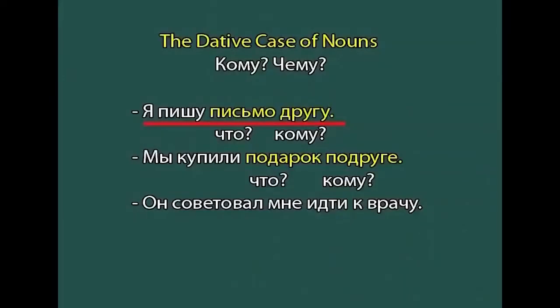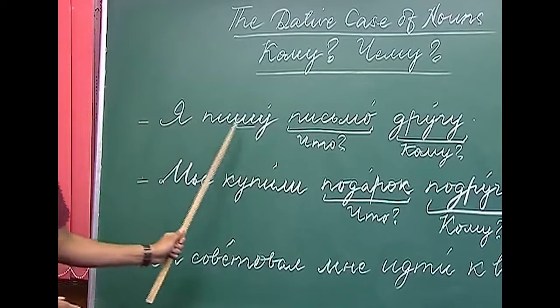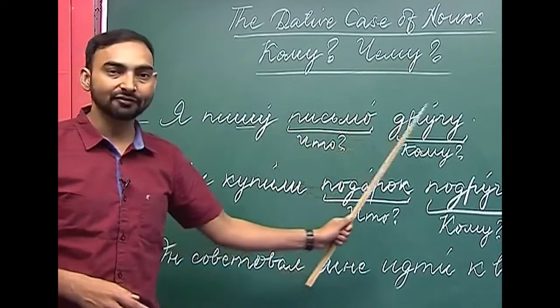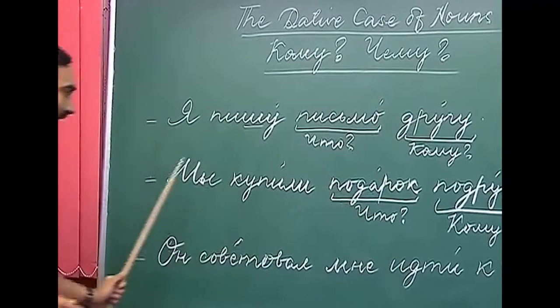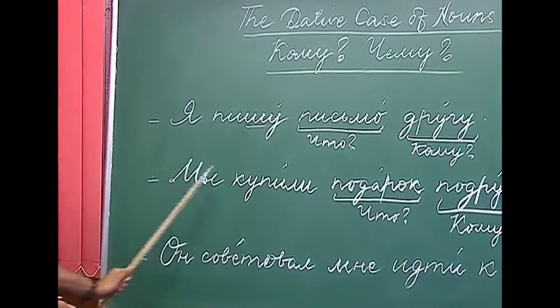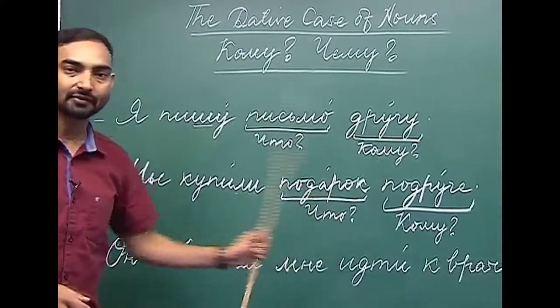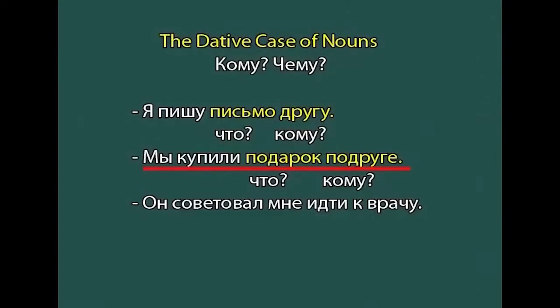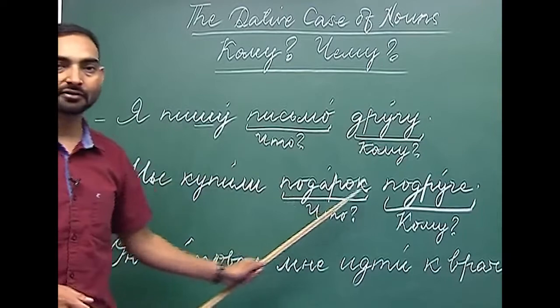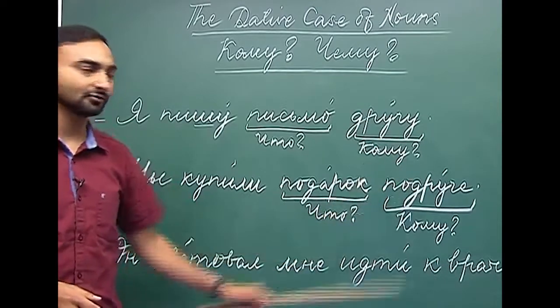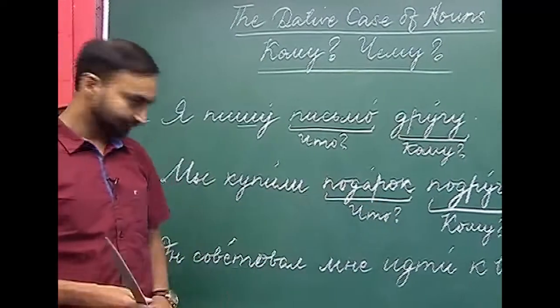Ya pishu pismo drugu. I am writing a letter to my friend. And the next sentence is Mi kupili padarak padruge. We bought a gift for our friend.